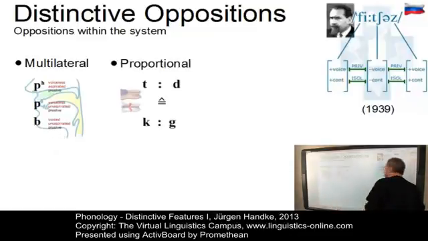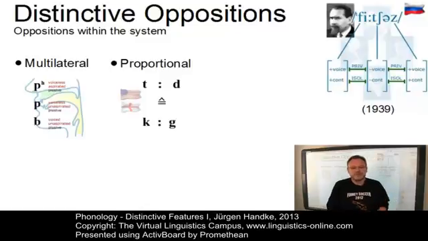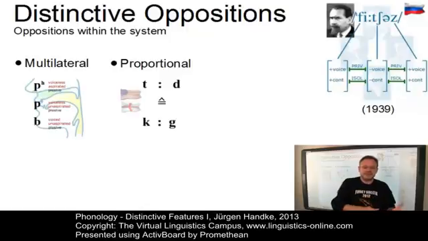An opposition can be defined as proportional if the relation between its members is identical with the relation between the members of another opposition or several other oppositions within the system. The difference between t and d in English is identical with that of k and g in English. Thus, we have a proportional relation.